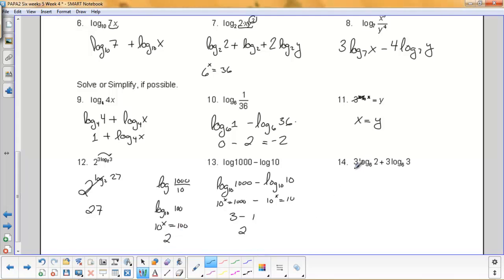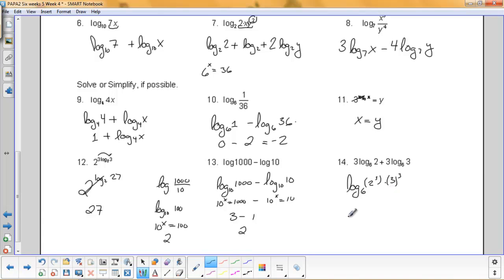Over here, we're going to use the power property to get these into their exponents, and then we'll use the product property to condense them down. So I get log base 6 of 2 to the 3rd power, which is 8, times 3 to the 3rd power, which is 27.